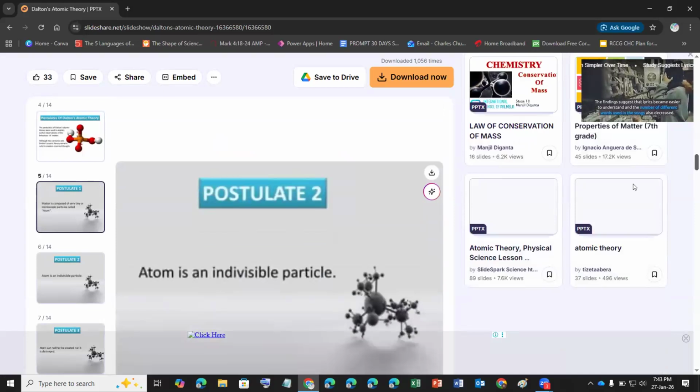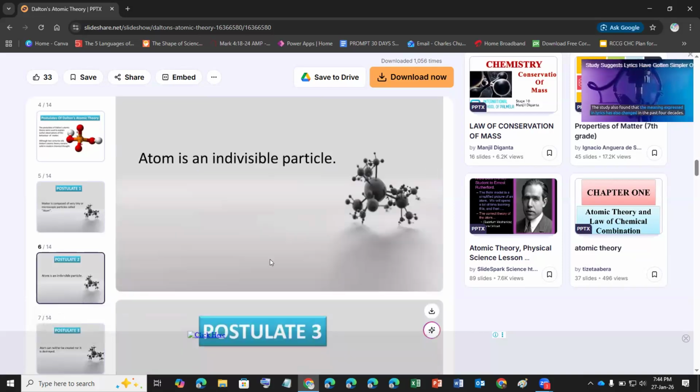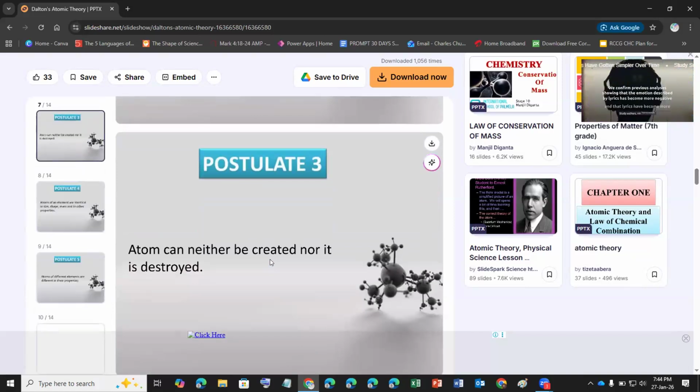Of course, by concluding that an atom is indivisible, that was his own assumption, that an atom couldn't be further broken down, and there was nothing smaller than an atom. Other models came to tell us that atoms were not the smallest. We actually have smaller particles inside atoms.